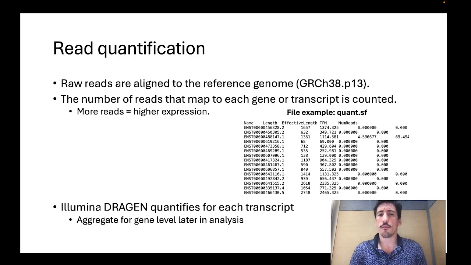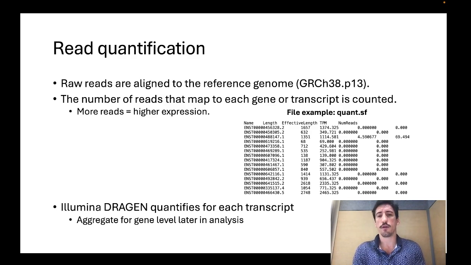And on the right here, I'm showing you what an example output from DRAGEN will look like. You have these 5 columns. In the first column, you have the name. In the case of DRAGEN, it's actually quantifying the number of reads that align to each particular transcript.